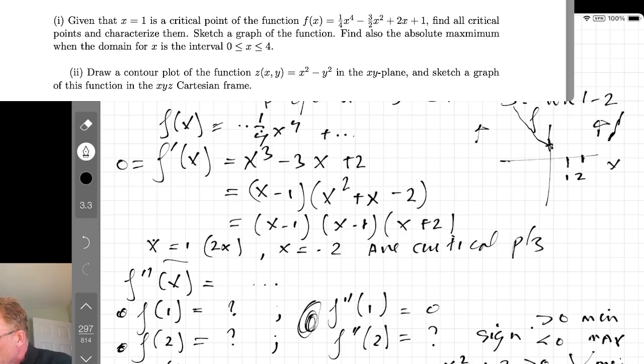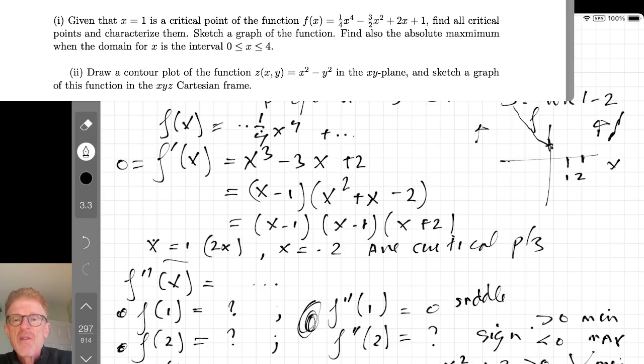And then this point is of course a saddle, so it's neither a minimum nor maximum. The slope is 0 because it's a critical point, but it is a saddle. Right, so that's that one.